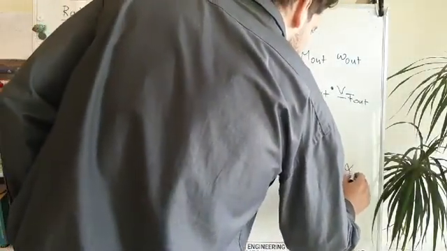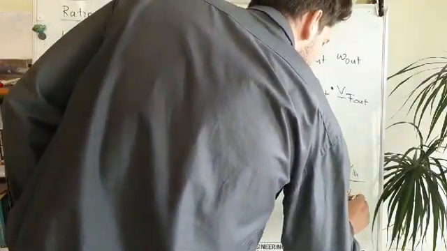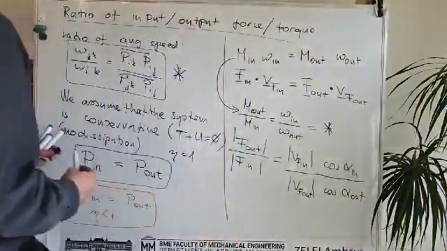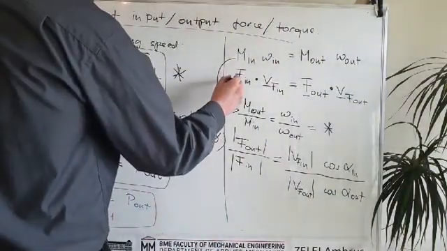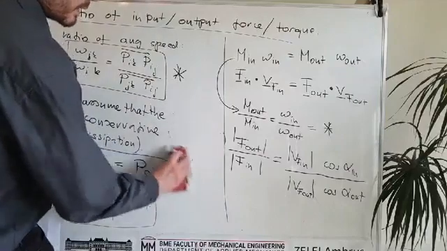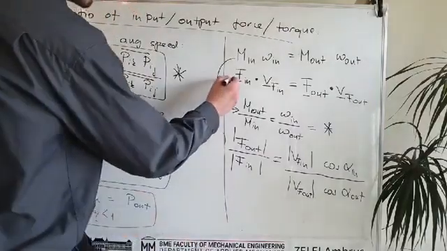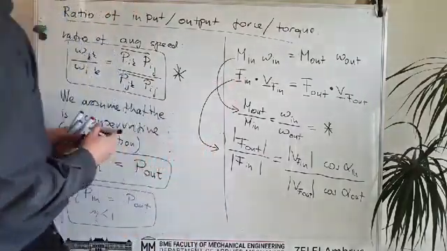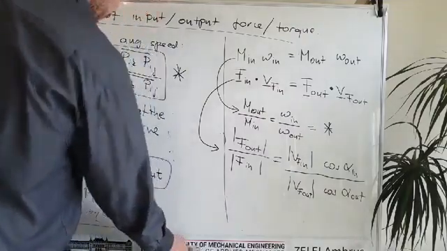And here we also have the cosine alpha input and cosine alpha output. So we have these two formulae, and now we will have a very simple example where we show how we can apply these calculations.